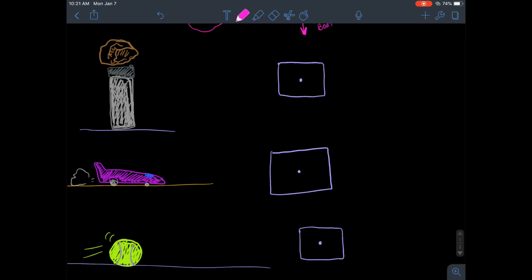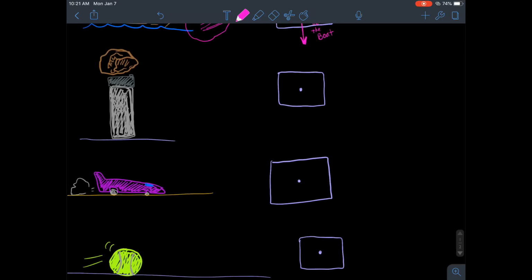So let's take a look at this rock. Now the rock is not moving, so again, we have no motion. Now, it's sitting on top of my coffee mug here, and so the rock has weight. So let's say that we have the weight of the rock.